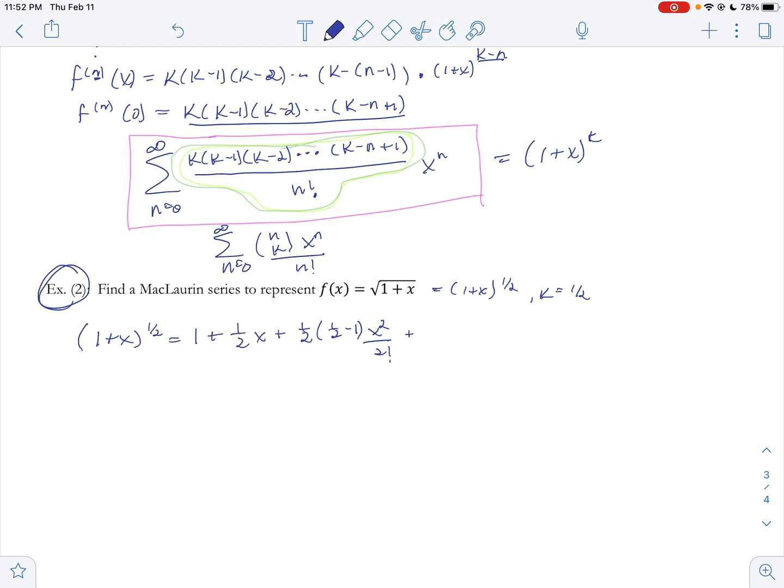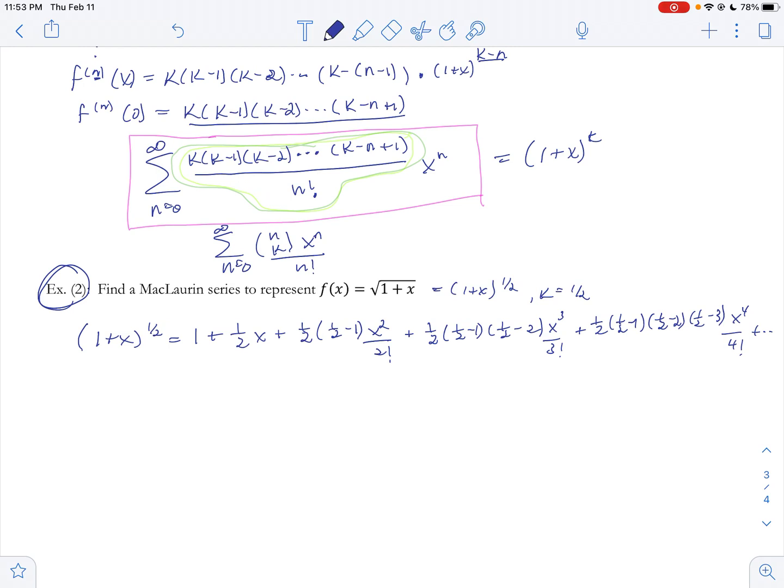When I plug in a 3, I get 1/2 times 1/2 minus 1 times 1/2 minus 2, and then x cubed over 3 factorial. And then we'll do one more, plus 1/2 times 1/2 minus 1 times 1/2 minus 2 times 1/2 minus 3, x to the 4th over 4 factorial, and so on. That's enough to see a pattern.